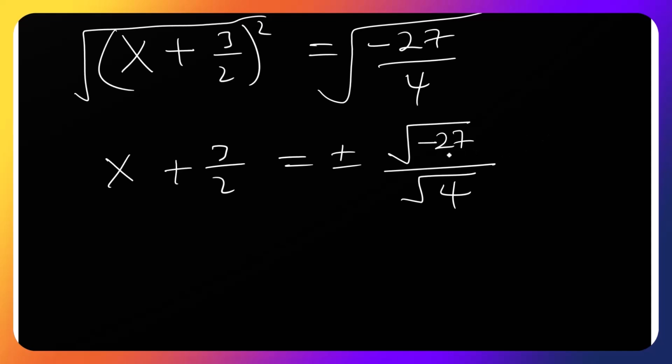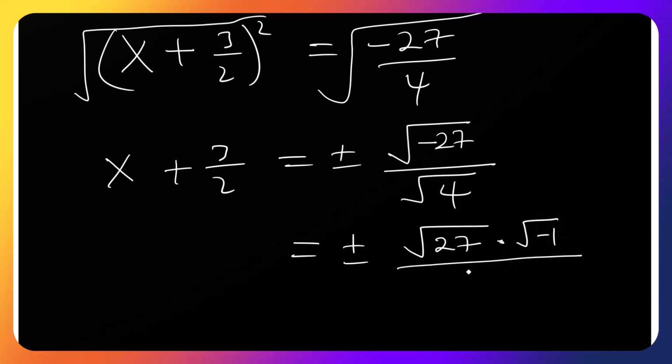Now we can change this one as plus or minus the square root of 27 times the square root of minus 1 on the square root of 4. Now, the square root of minus 1 is the same as i.